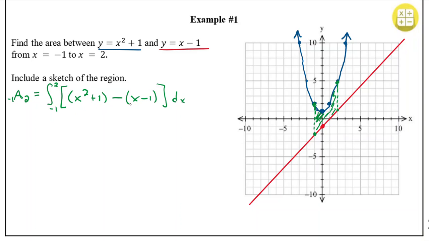Okay, so then we'll just simplify this up and then just take the integral. So this is equal to, from -1 to 2, the integral of x squared minus x plus 2.